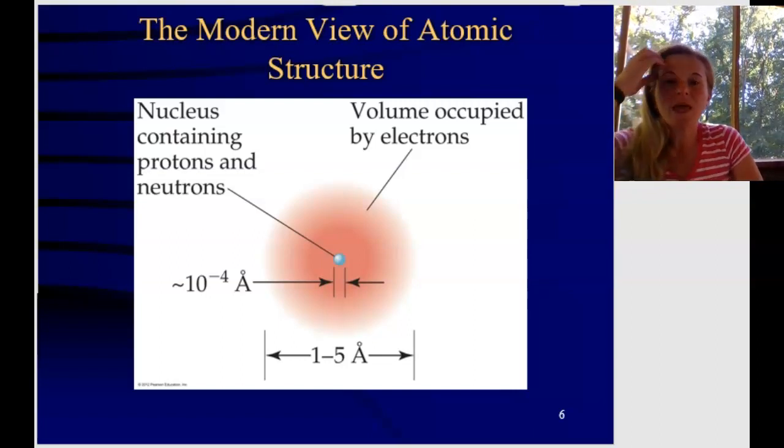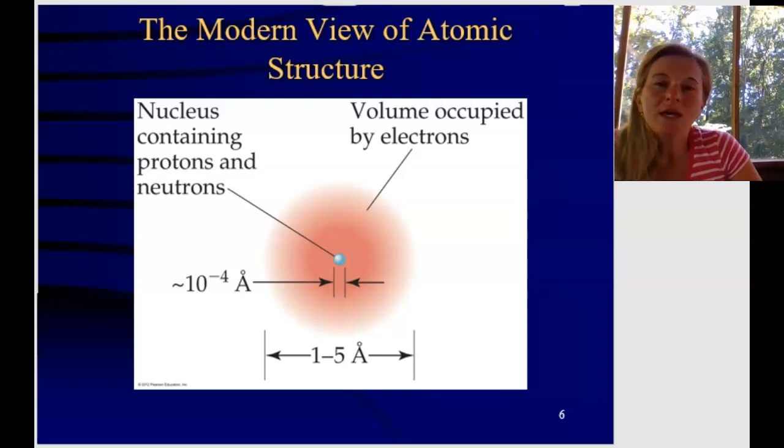And so they came to realize that the nucleus was very small compared to the size of the whole atom, and that most of the atom was filled with space. And that is where those electrons hung out, which was interesting because the electrons were also very small.